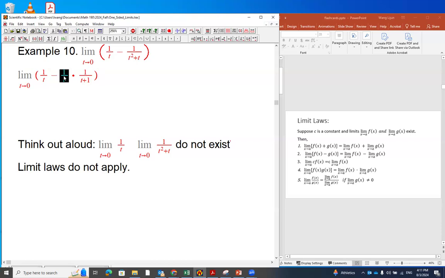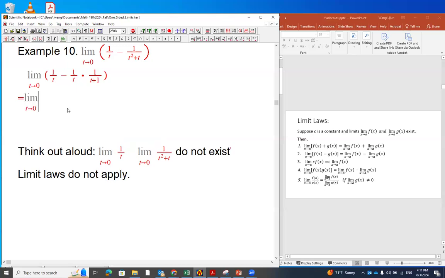Then I realized that 1 over t is a common factor. How about I factor that out? You will see that factoring is a very common practice, and sometimes factoring makes our life just a little bit easier. So I'm going to factor out 1 over t.